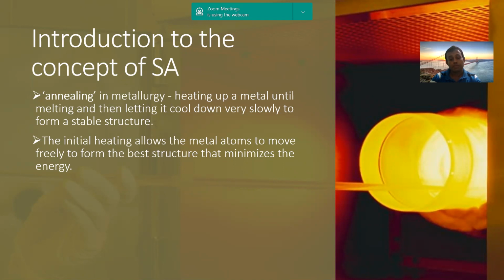When the metal melts, we are giving the metal atoms the freedom to move about so that they will somehow come together in a way that will minimize the energy and form a stable structure, skipping the intermediate energy structures.